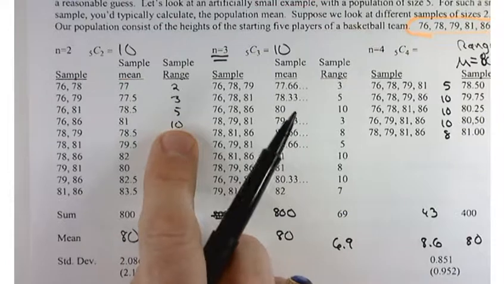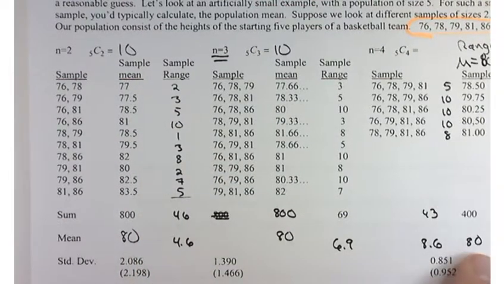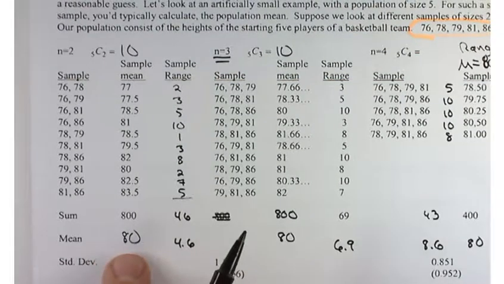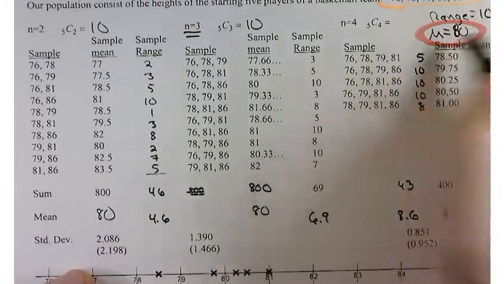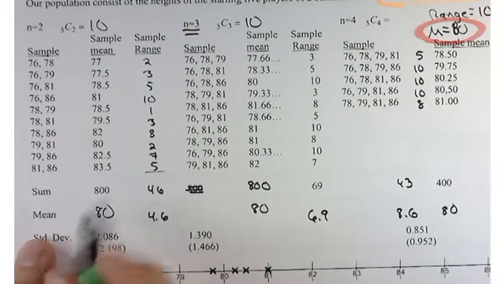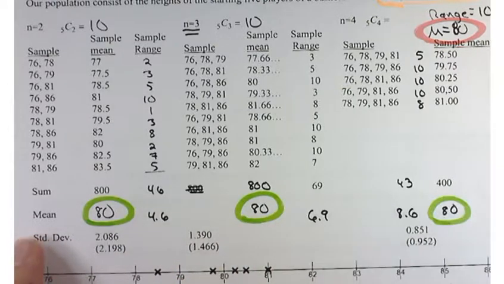It did maybe once or twice. But on average, it's not giving me the population range. In contrast, on average, the mean gives me the population mean. Population mean was 80. The average of my sample means is 80. So that makes the mean an unbiased estimator.